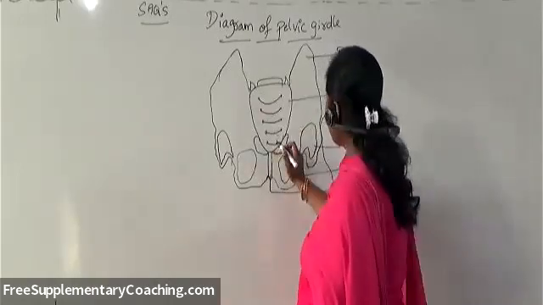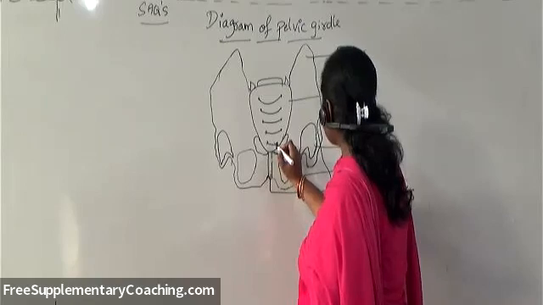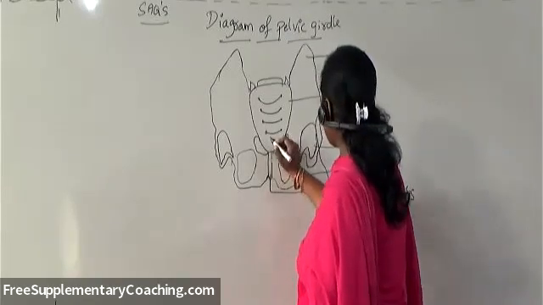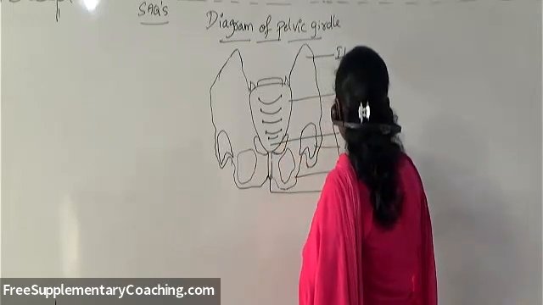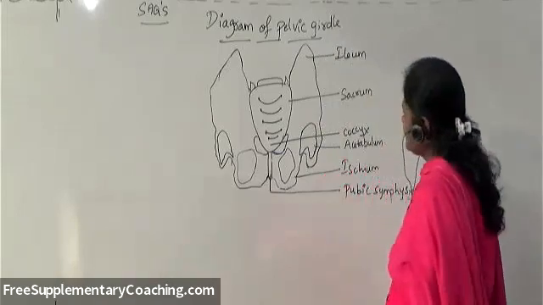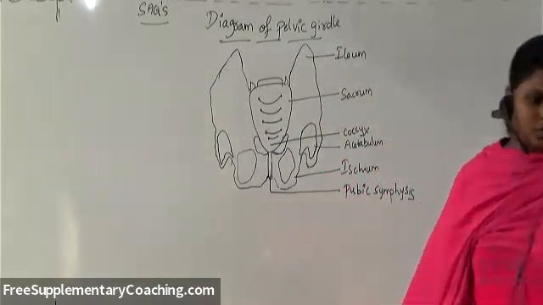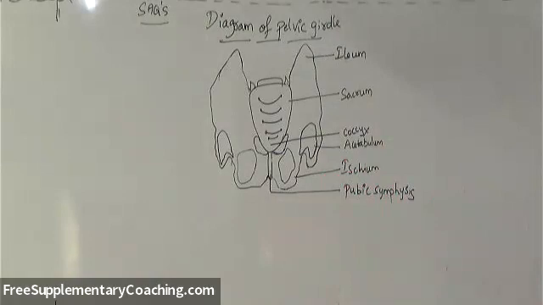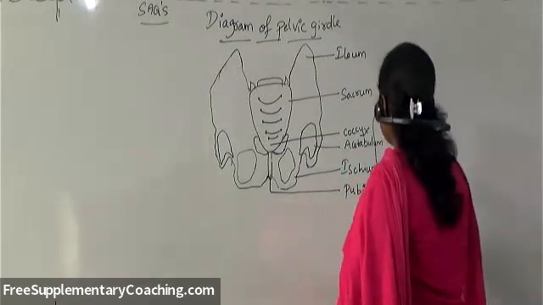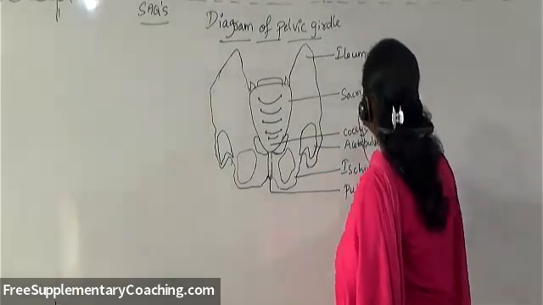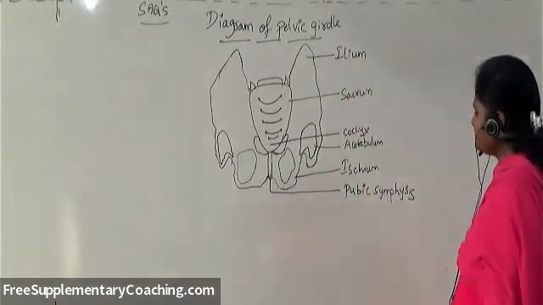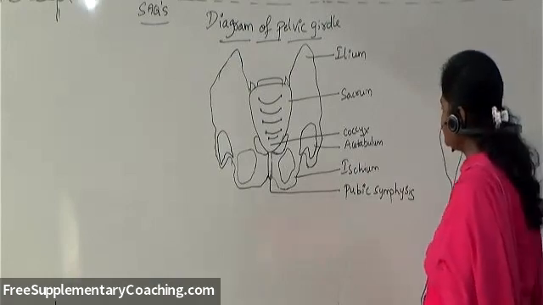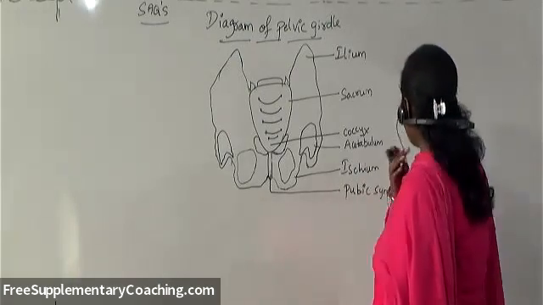See, sacrum and this is what? Coccyx. Coccyx is the tailbone. So like this, you should show ileum, ischium, and pubis together form a coxal bone.